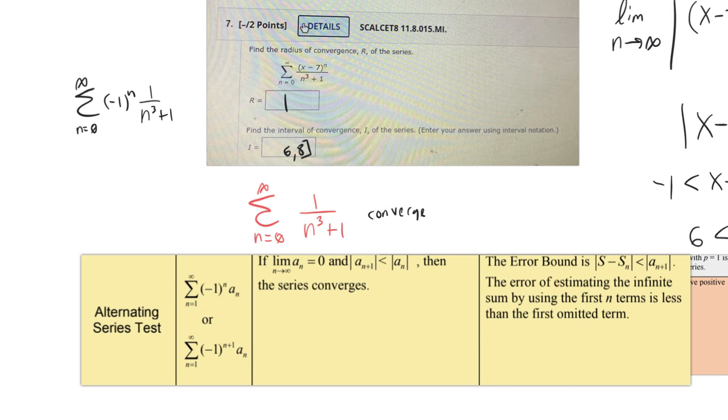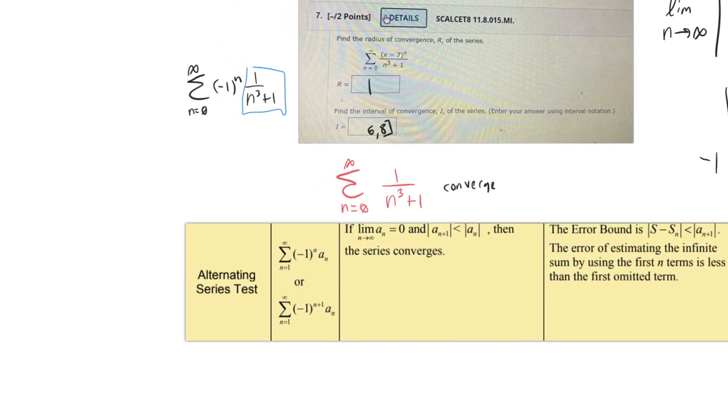If we just take into account this part right here, and we did the limit of this blue box as n approaches infinity, yes, that would indeed equal 0 because it would be 1 over infinity, which is 0. Okay, so we've satisfied the first criterion. So the next criterion would be comparing a sub n plus 1 and asking yourself, is that smaller than a sub n? Well, we can kind of do that down here.